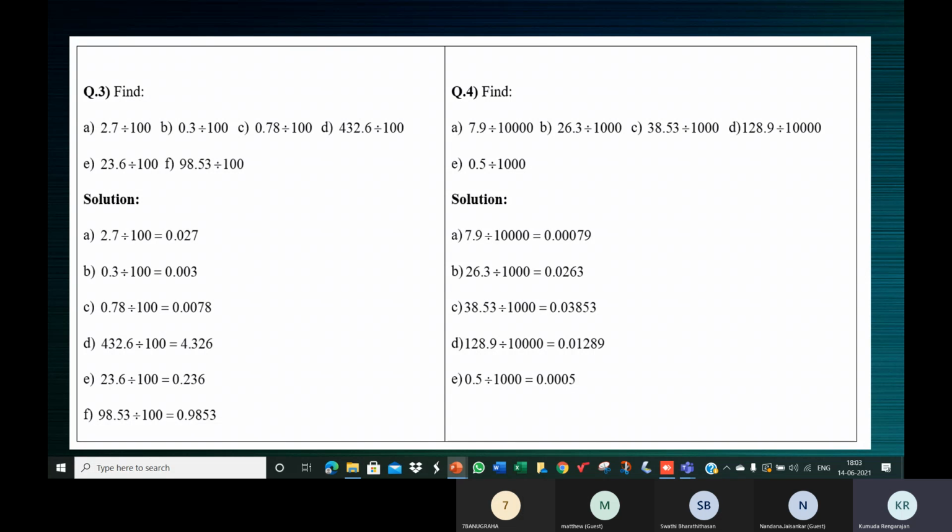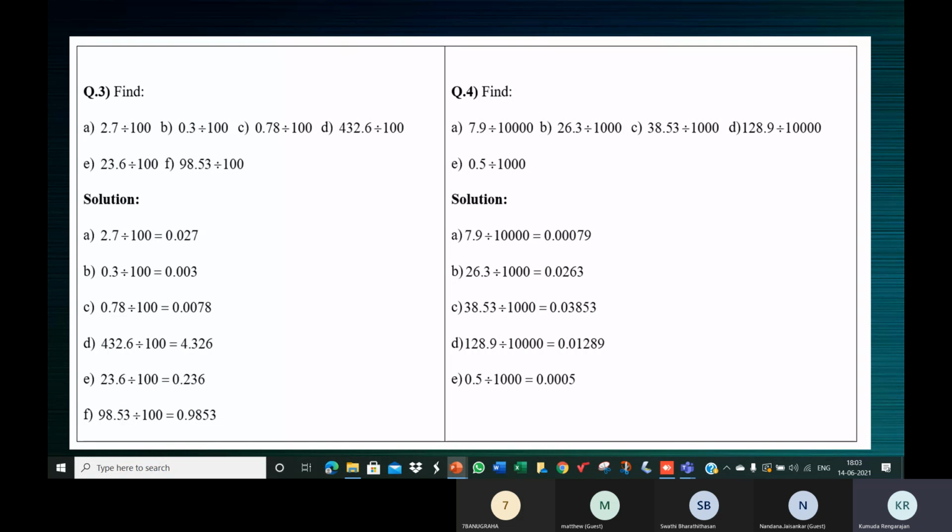Now, supposing you don't know whether it is left or right, you do both the sides. If you shift it to the right, it will become 78. Oh, 0.78 is not even 1. You're dividing that by 100. How can it become 78? One chocolate and 100 of you are sharing it.